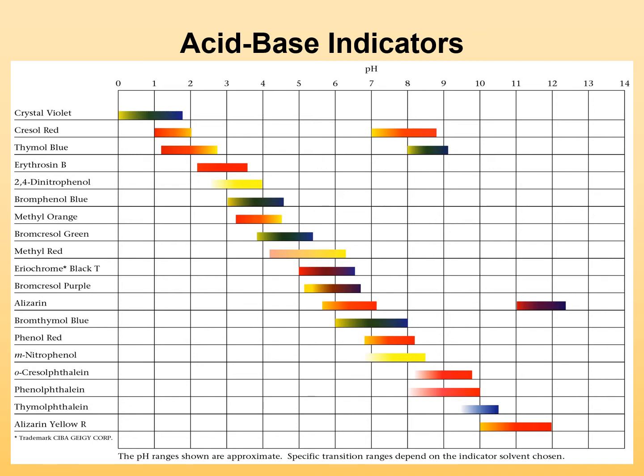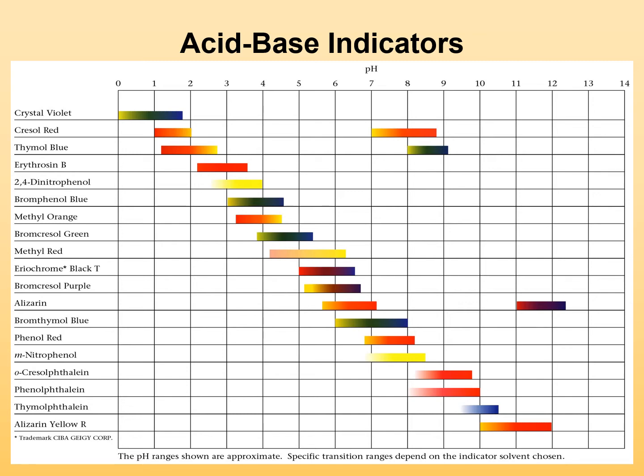So say that we think that our equivalence point will reach an endpoint of about 7 on the pH scale. We'd say, okay, 7, what changes color around 7? So that would be the bromothymol blue or phenol red would be appropriate to use.